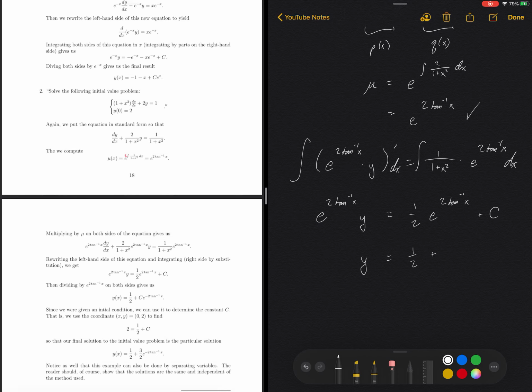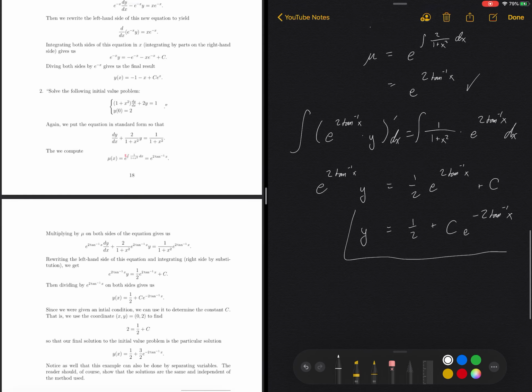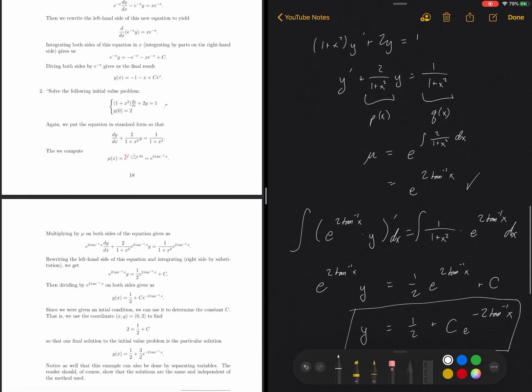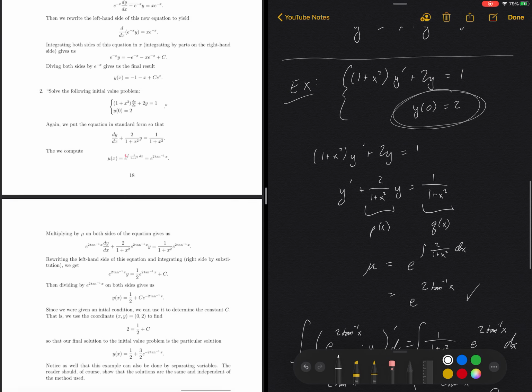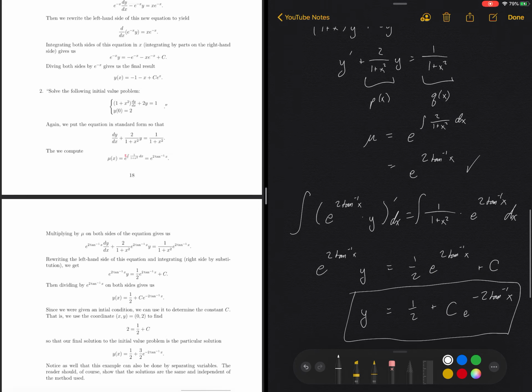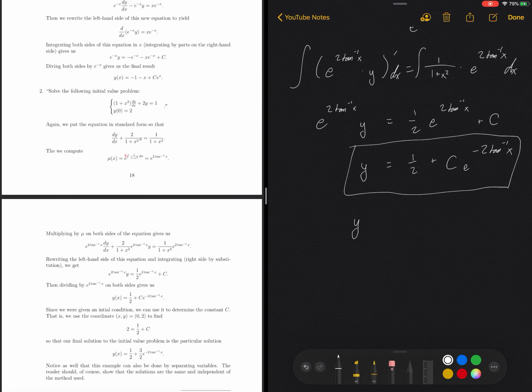And sure enough, if I go through and divide by this exponential, I'll wind up with 1/2 plus some constant c times e to the minus 2 arctan of x. And this is the general solution.